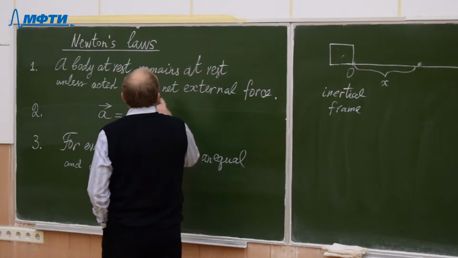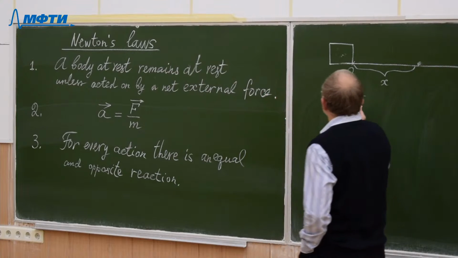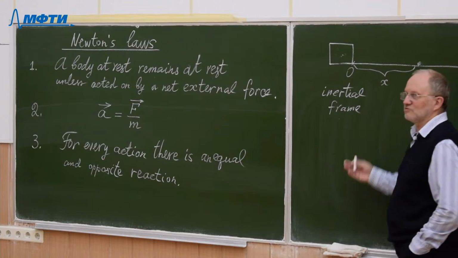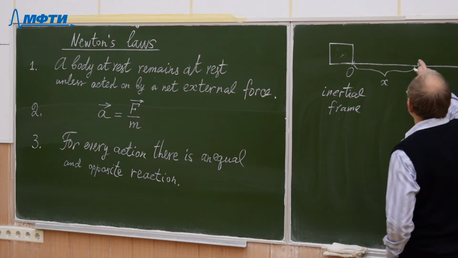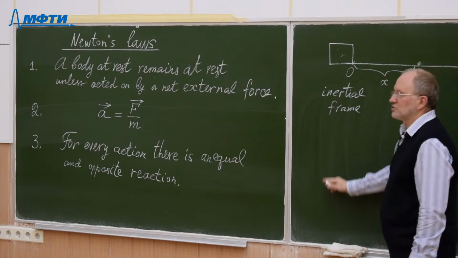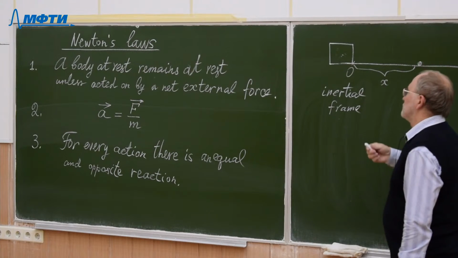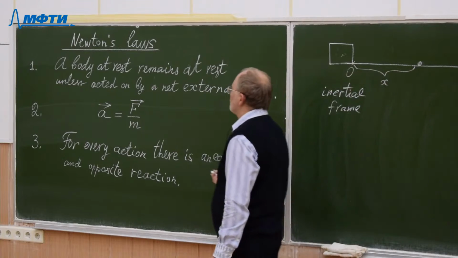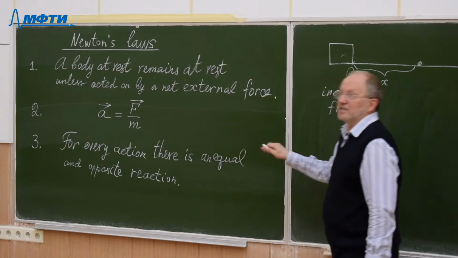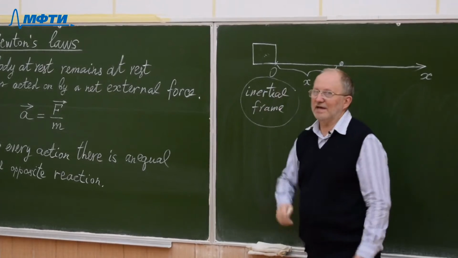And so, if you think about this issue of different inertial reference frames moving with respect to one another, and how the motion of the body under consideration looks from different inertial reference frames, you will come to an inevitable conclusion that the first Newton's law states that there is at least one inertial reference frame in the universe, at least one.